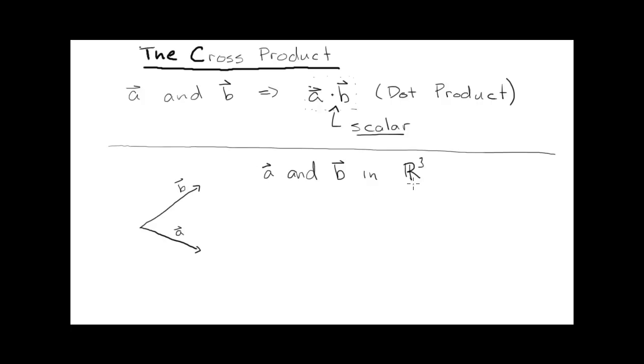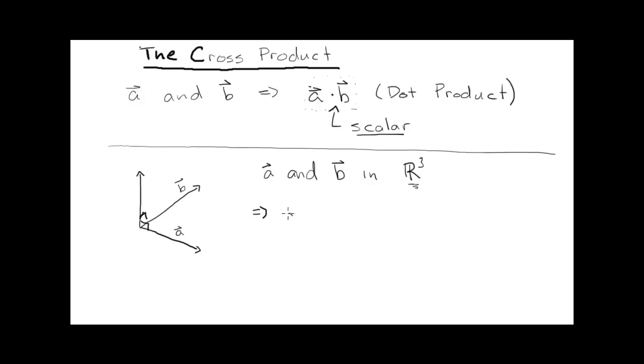It only works in R3. So you've got two vectors in R3. Now, we've seen questions where you're given two vectors and you want to find the vector perpendicular to both A and B. So this is perpendicular to vector B, and it's perpendicular to vector A. That's what the cross product is going to produce, this new vector.